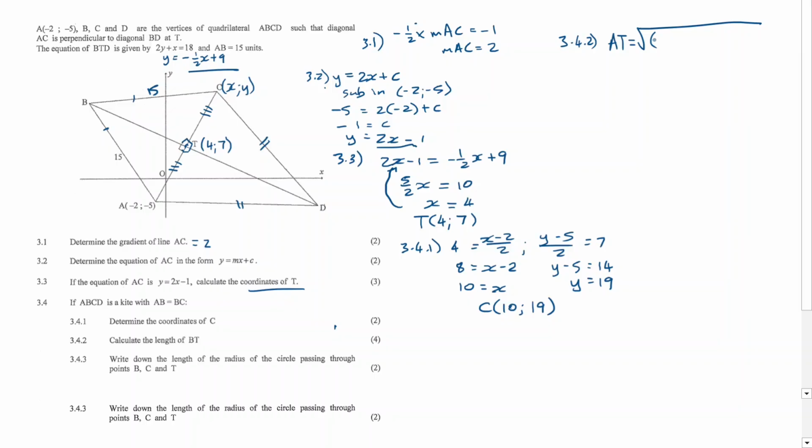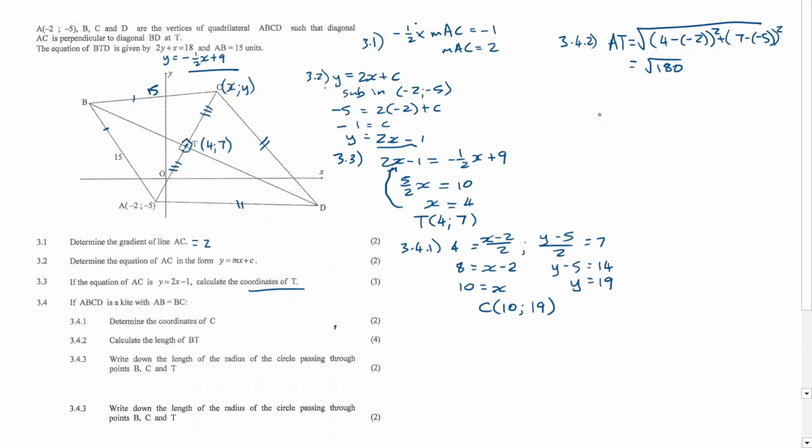So the change in x would be 4 minus, in brackets, minus 2, squared, plus 7 minus, in brackets, minus 5, squared. And that will give you an answer that's not pretty, but of square root 180.